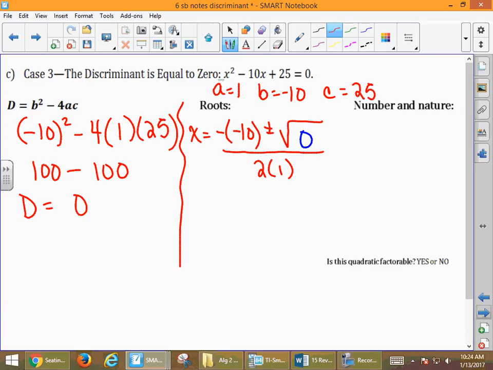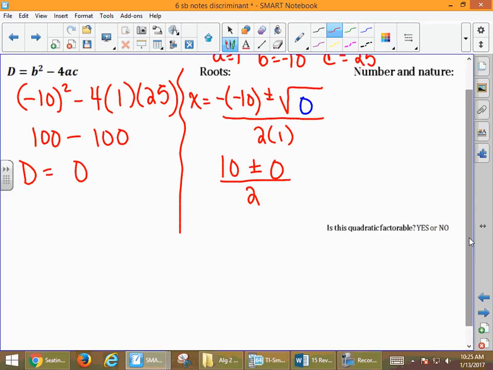Well, what's the square root of 0? It's 0. So we've got the opposite of negative 10, which is 10. Square root of 0 is still 0. We just don't have to write the radical. Divided by 2. Well, plus or minus 0, we're adding nothing to 10. So this is really just 10 divided by 2, which is 5.